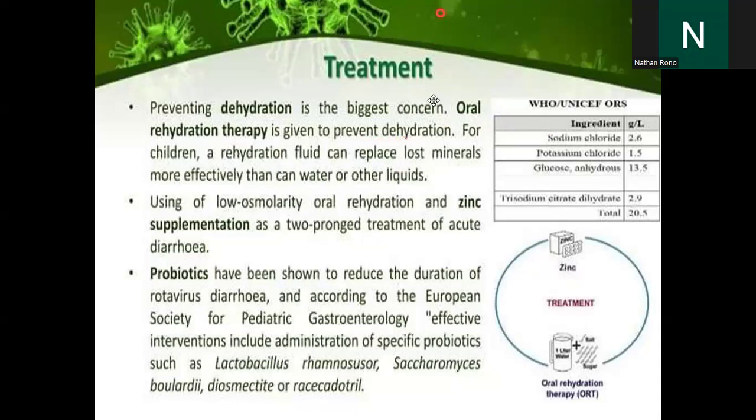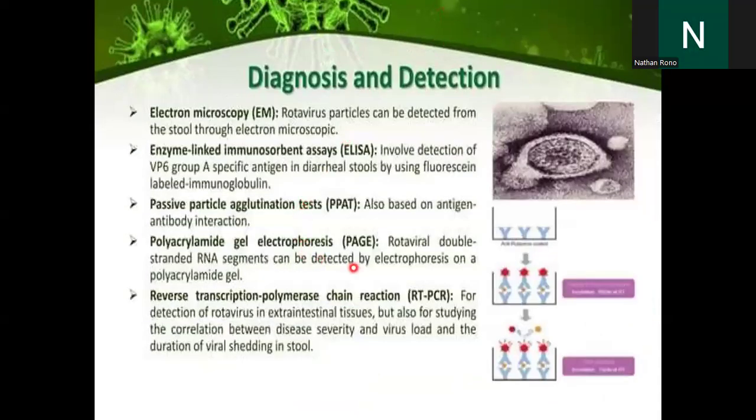I've seen someone saying they didn't get the last one. So do you mean the PCR? So reverse transcription PCR. So we've said it's for detection of rotavirus in extra-intestinal tissues, but also for studying correlation. I don't know if you've done how PCR works, but here we are interested in the amount of viral load, because PCR will quantify the amount of viruses you have.